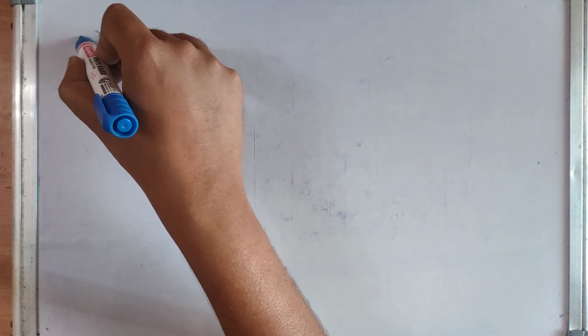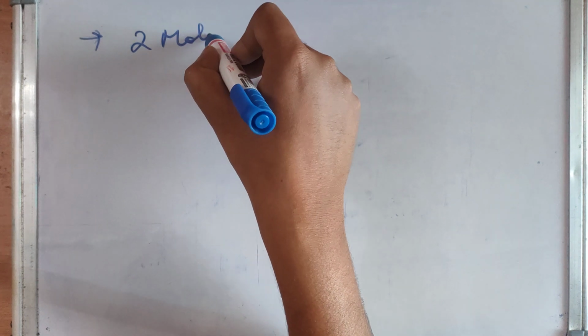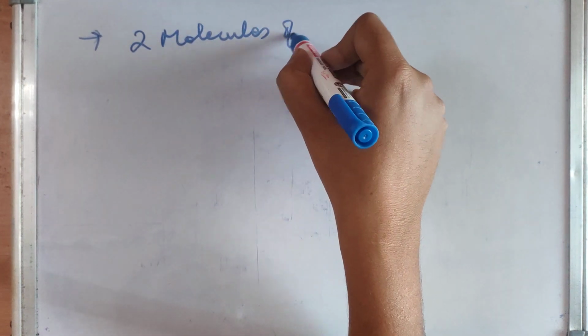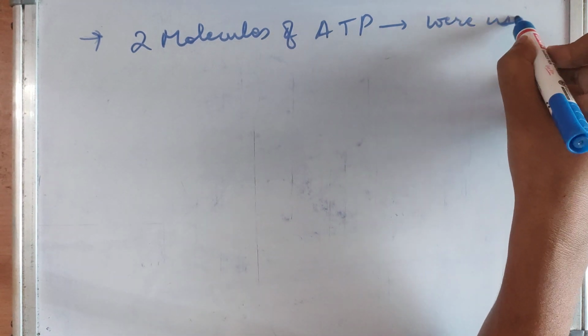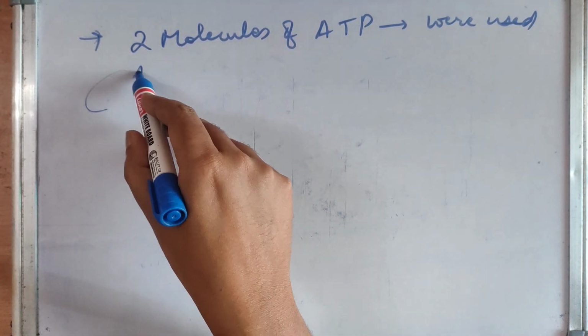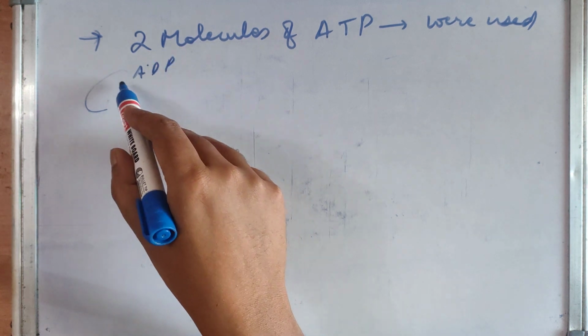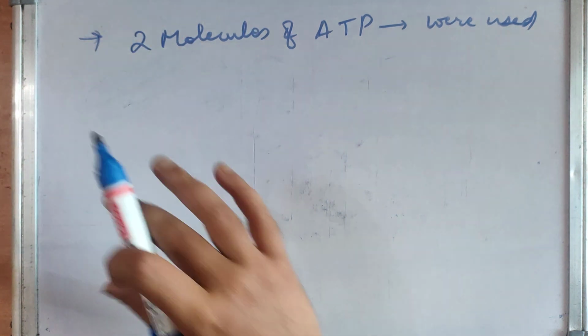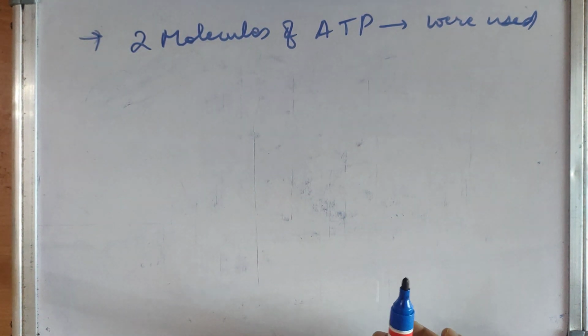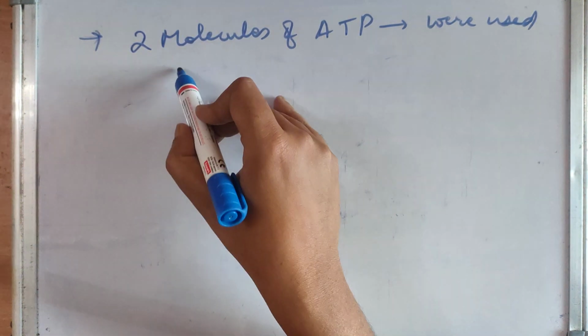Now what happens in glycolysis? In glycolysis, 2 molecules of ATP were used. You can see in the first half of the reaction where ATP was converted to ADP. You must be understanding from there. And 4 molecules of ATP are produced.